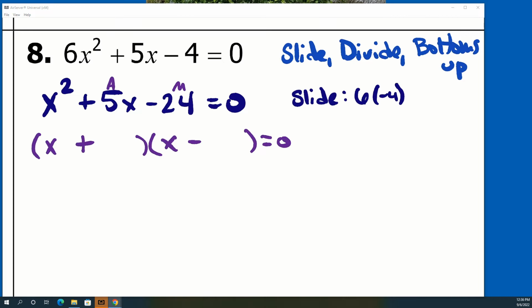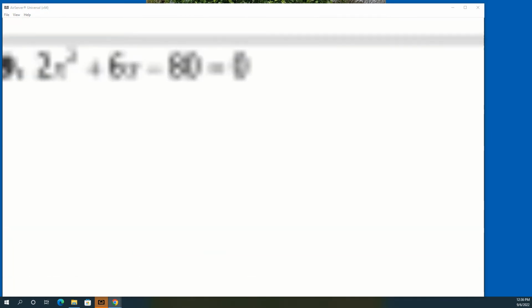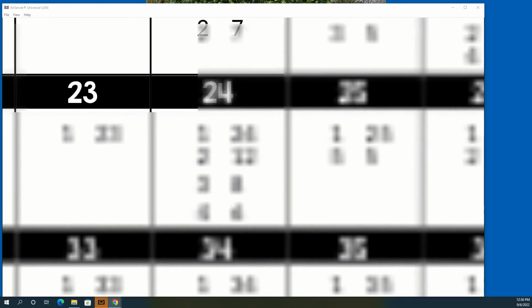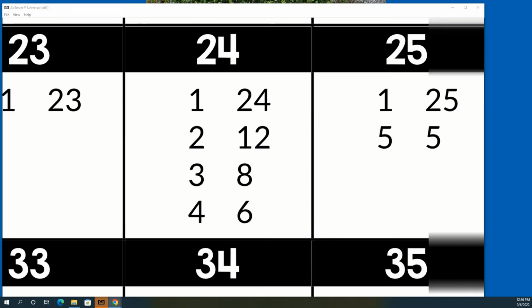So I'm going to scroll down to my 24 box and I want to find numbers that are going to subtract to give me that 5. What do y'all think? To subtract and get 5 in this box.